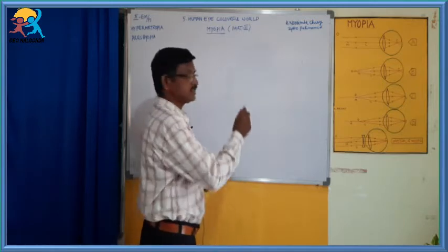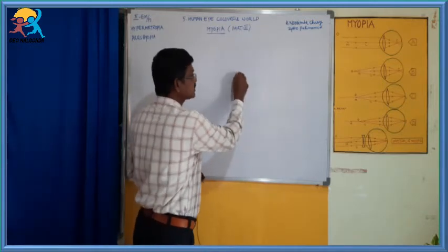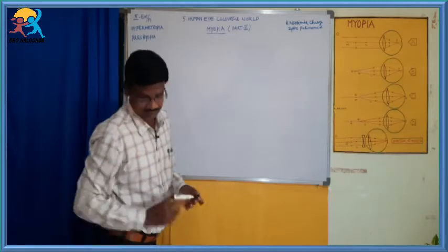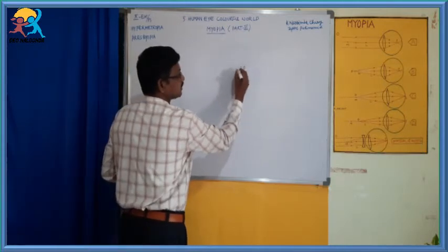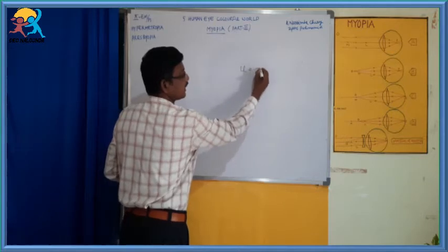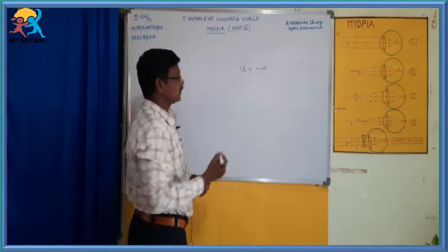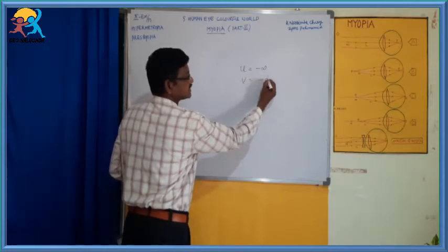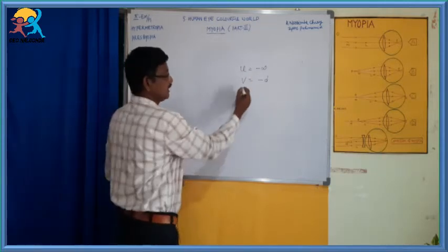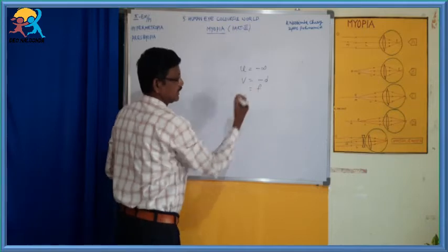Now we consider the distances: object distance is equal to minus infinity, and image distance is equal to minus d, and we consider the focal length.